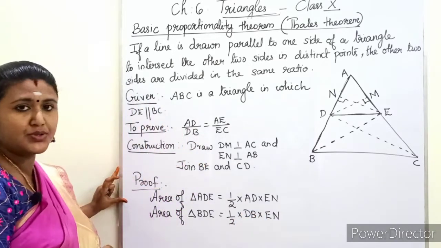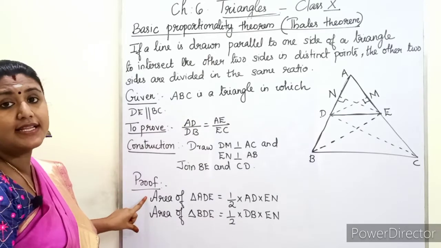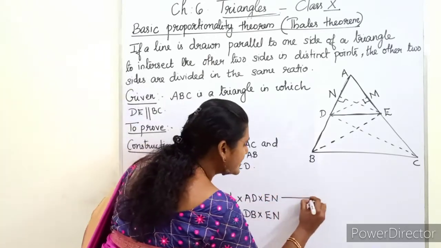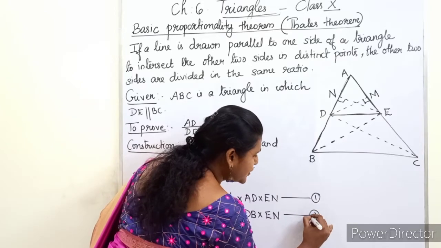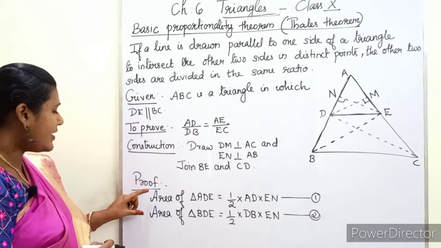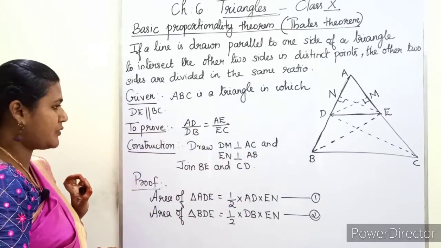Now what we are going to do? We are going to divide these two equations. So we will denote this as first equation and number 2 as second equation. Now we are going to divide these two equations.